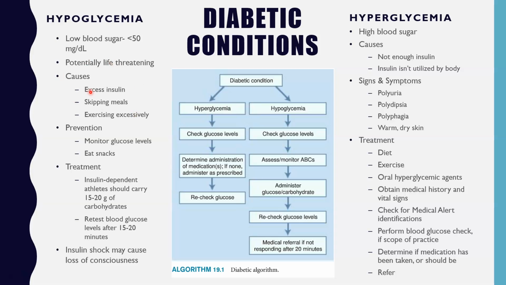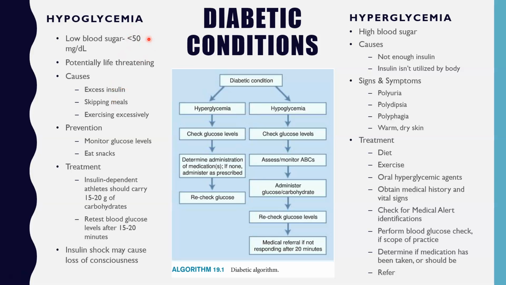And this is either caused by an excess of insulin, or because exercise can actually allow for some increase in transmission and uptake of blood glucose into cells. When we have excessive exercise, we can get a drop in blood glucose levels.